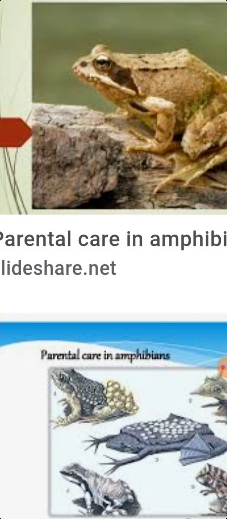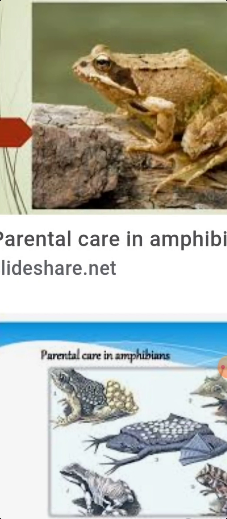In Pipa, the eggs are fertilized internally, but the cloaca of the female is everted so that the eggs are attached uniformly all over the entire upper surface of the female, as the back of the female is smooth, soft and puffy.